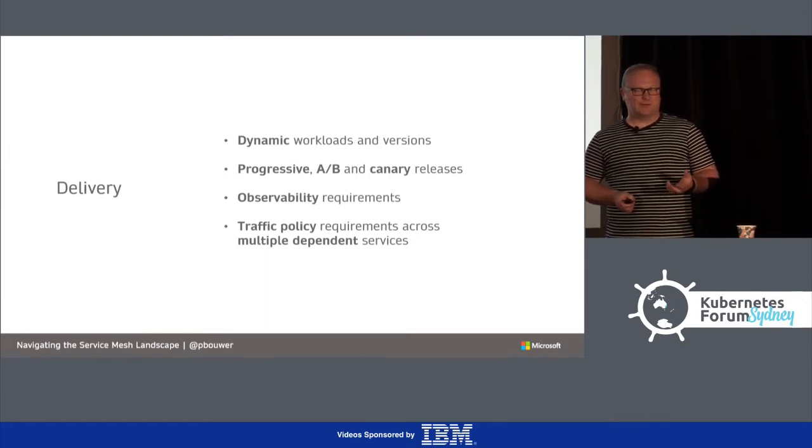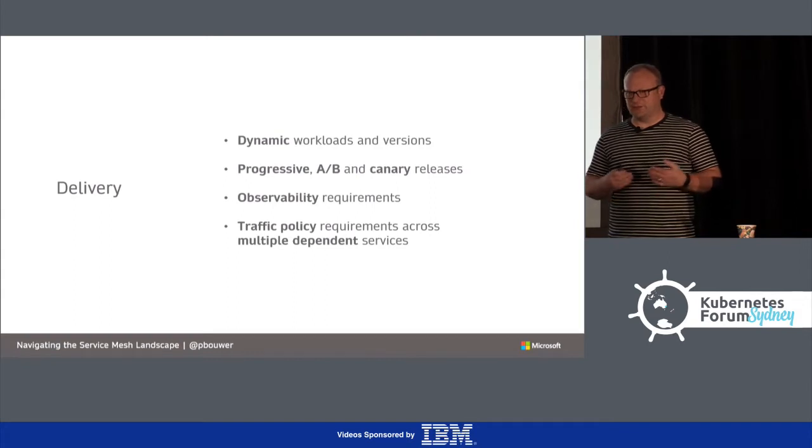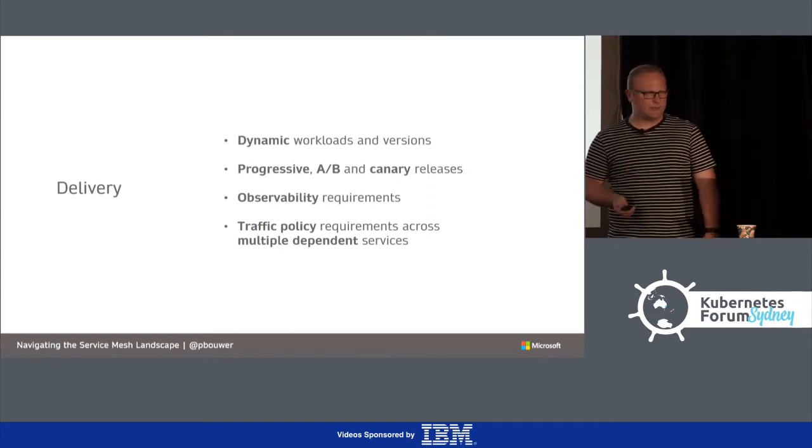People want to understand from an observability point of view what's going on in your cluster, what's going on with your workloads. And then there's also a requirement for traffic policy, so being able to dynamically or through configuration set up the policy of what workloads should be allowed to talk to what other workloads, and how those should be accessing each other, whether there's rate limiting, whether there's back-off strategies, all that type of thing.